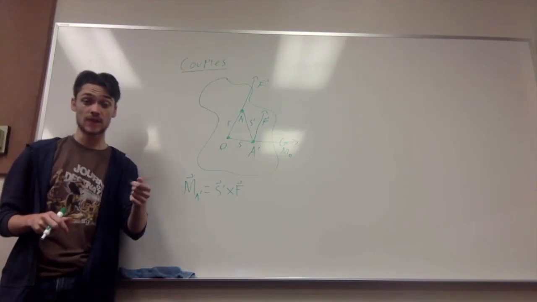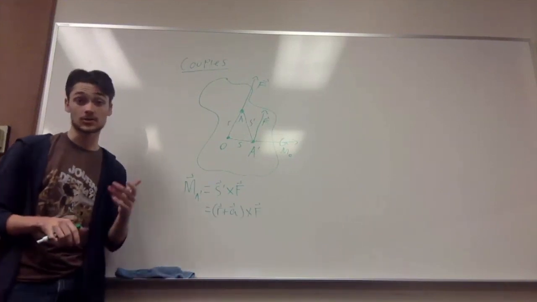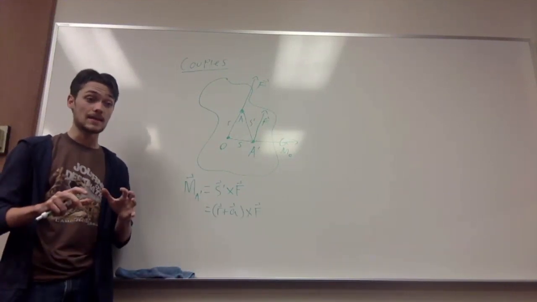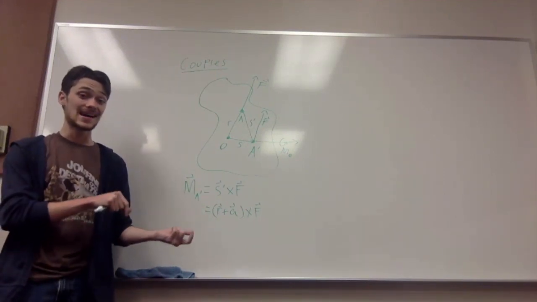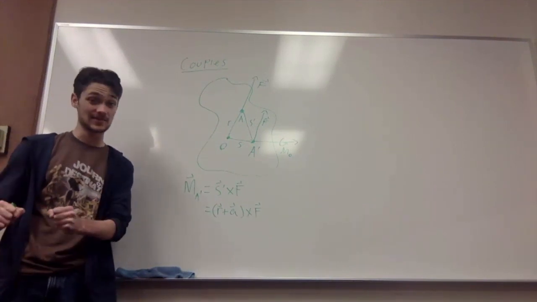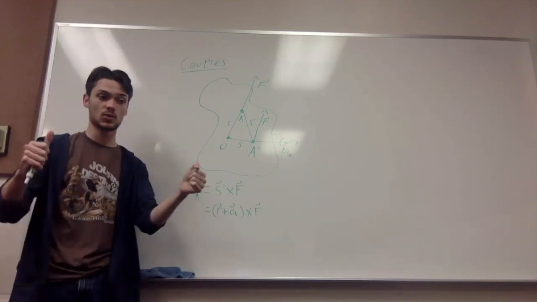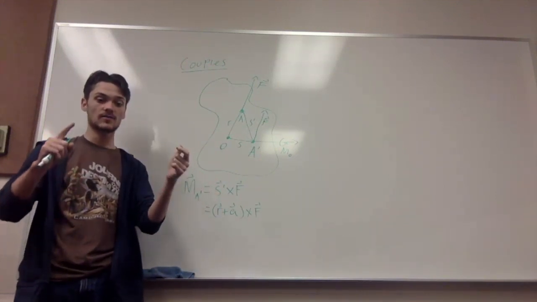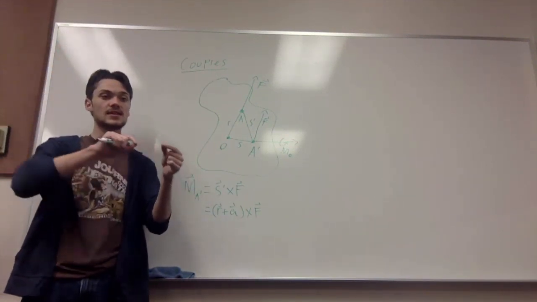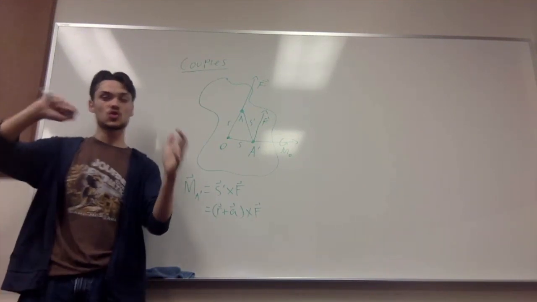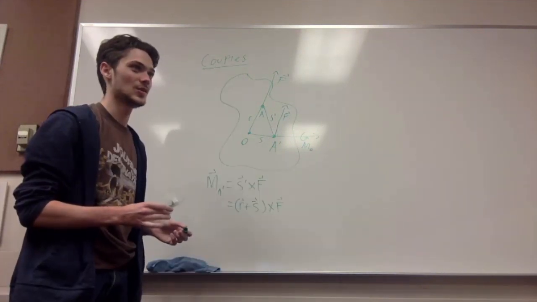The moment about A prime is going to be given by S prime crossed with F. But because of vector algebra, we know that A plus S is going to give us S prime, so we can write this as (A plus S) crossed with F. So the moment at any point given by a force at another point is the cross product of the position vector from the first point to the origin plus the origin to the second point crossed with F. Goodness gracious me. Well, without mistakes, we wouldn't learn.